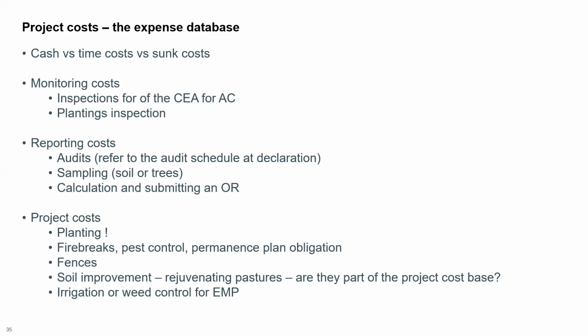I think I've mentioned before as well, whether you include in your project accounting in a soil carbon project the costs that go to your soil improvement, like planting legumes. Is that part of the project cost base, or is it part of your farm operation? Because the benefit that you're reaping from those are carbon, but also carbon credits, but also production improvement.